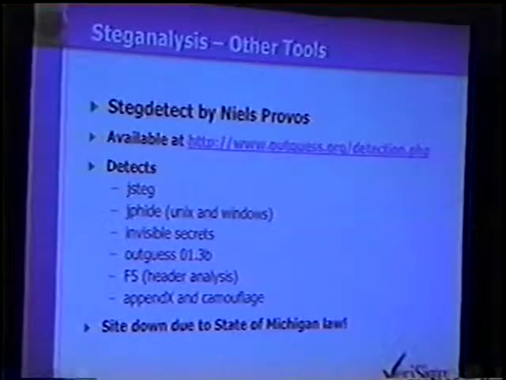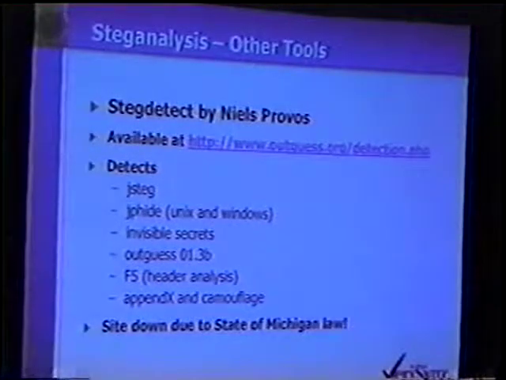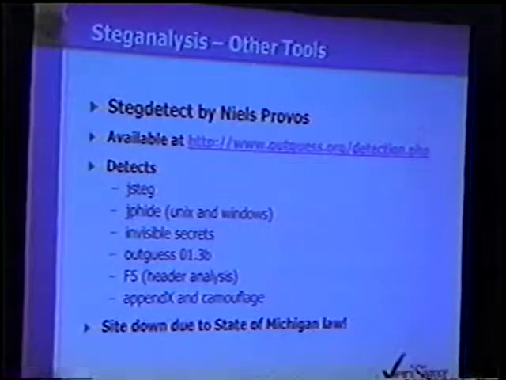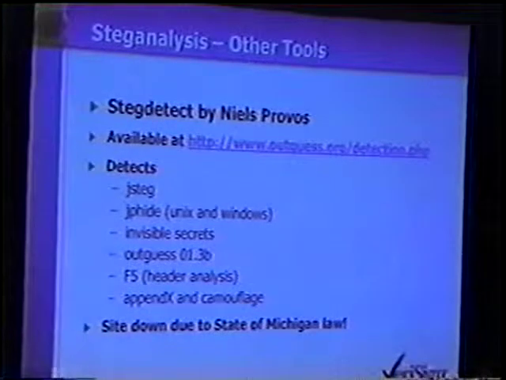There's also StegDetect, which I mentioned earlier, from Niels Provos. It's available from outguess.org. He has a steganalysis program that allows you to detect JSteg, JP-Hide, Invisible Secrets, Outguess, F5, Appendix, and Camouflage.